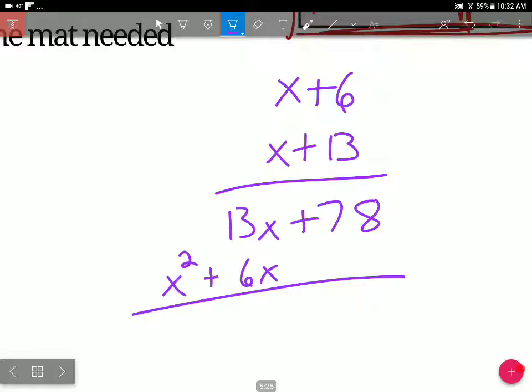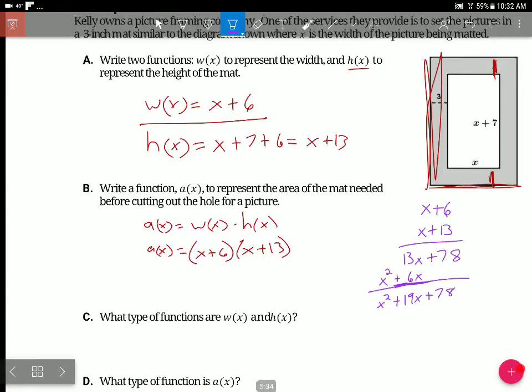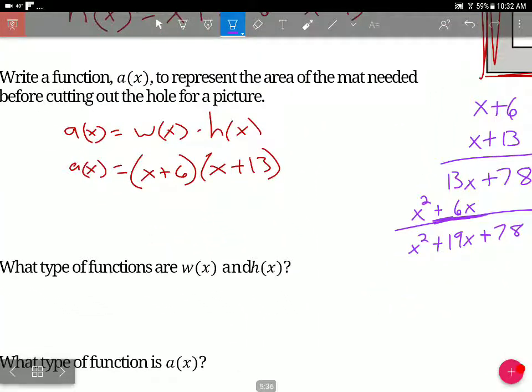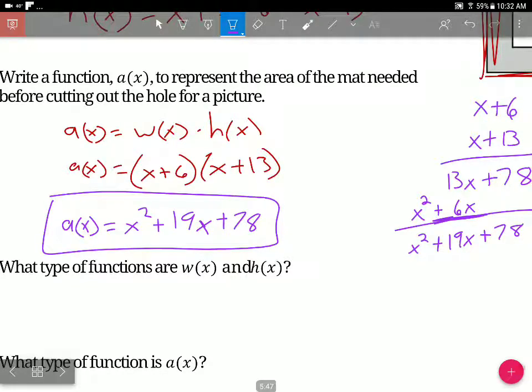Good. So we got x squared plus how many x's in the middle? 19 plus 78. So let's scroll back over. The area of x will equal x squared plus 19x plus 78. Cool? Yeah, you got that?